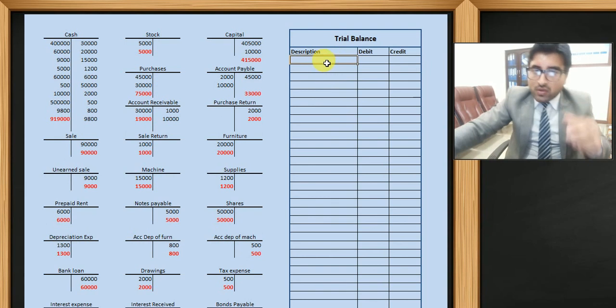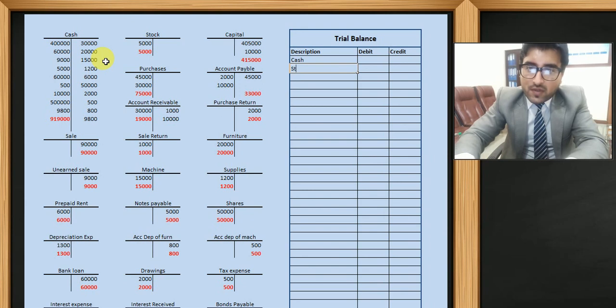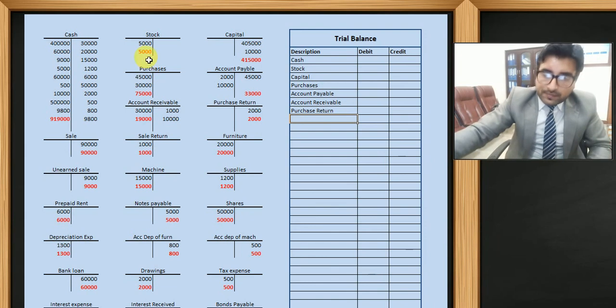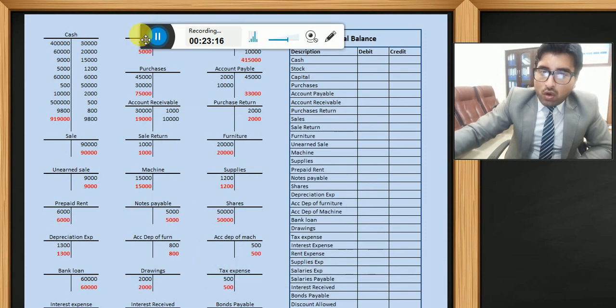For example, the first account we have is cash, and then stock, and then capital, and next purchases, and then accounts payable, and then accounts receivable, and then purchase return. So look, dear students, first you have to write all the accounts, the heads of accounts, in the description. Okay.